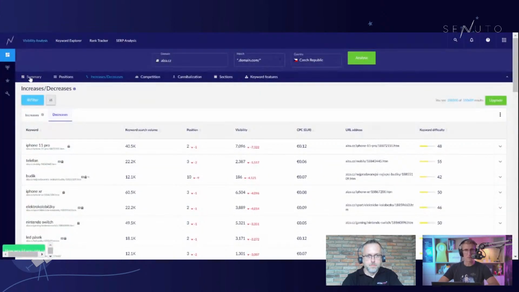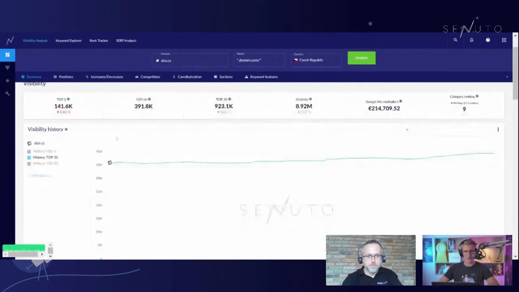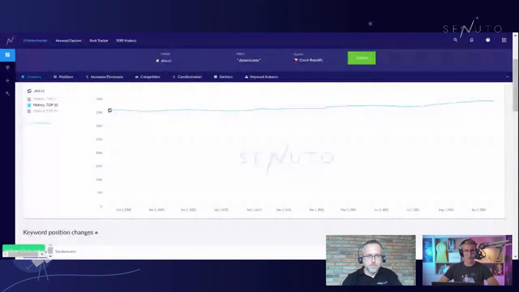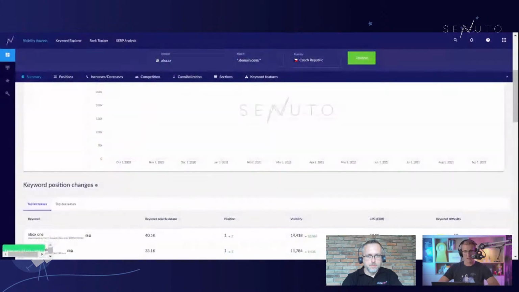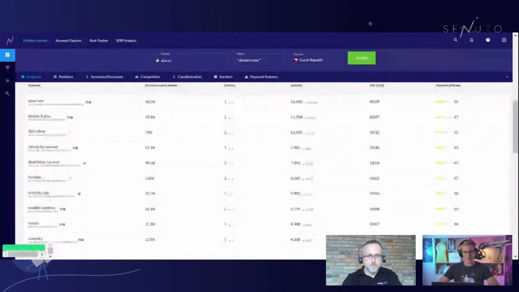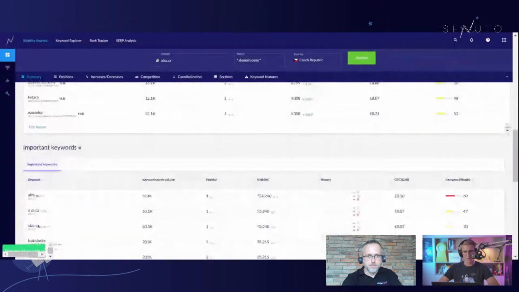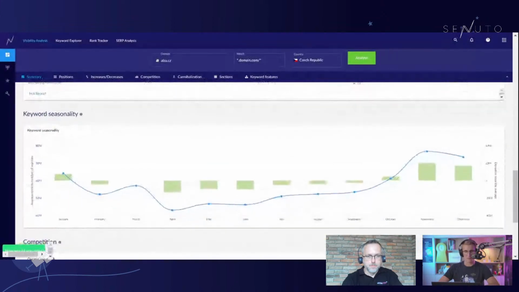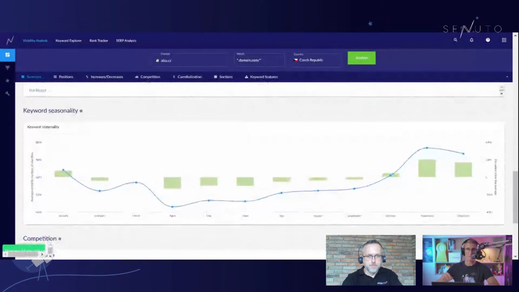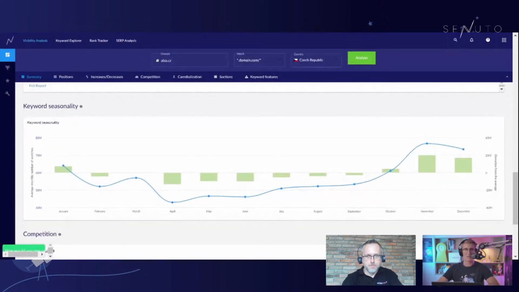But back to the Xray and back to our summary regarding the keywords that we can check over here live. This is also something very important you can point out over here, meaning the seasonality of our business. Everybody knows that, especially in e-commerce, there's a season.